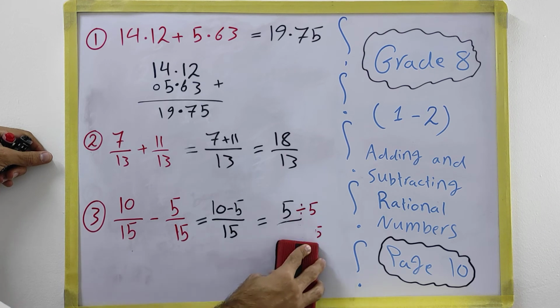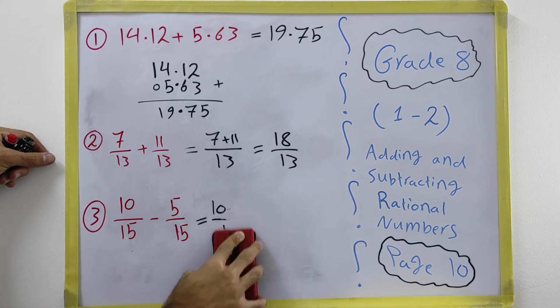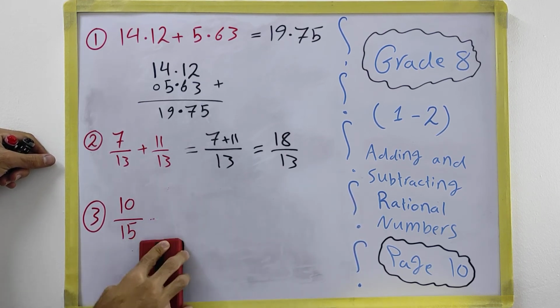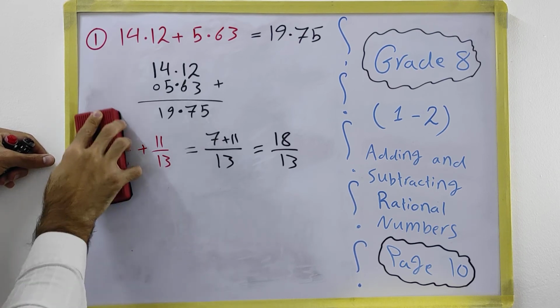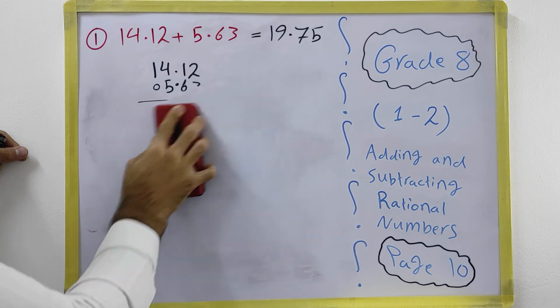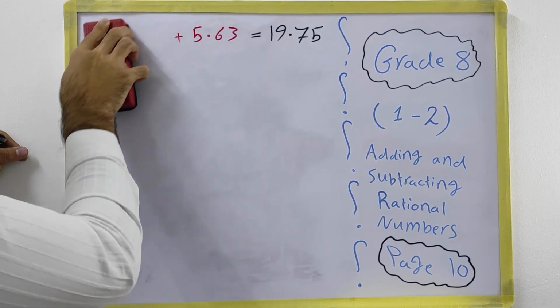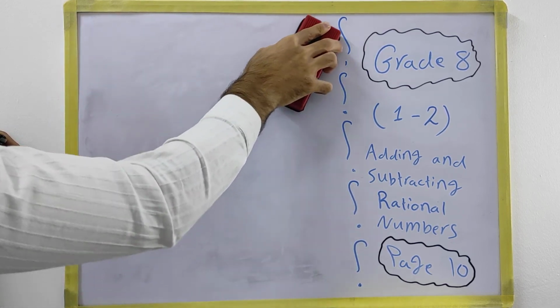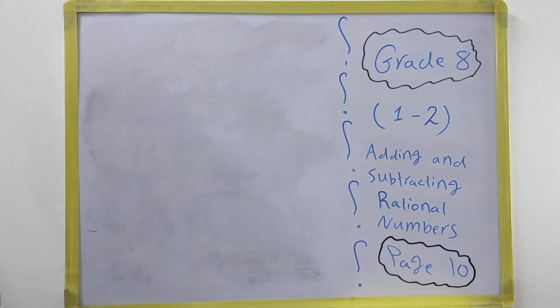Now let's do an example of fractions which don't have the same denominator. What should we do? In this case, we must find the same denominator for them, then you can solve.